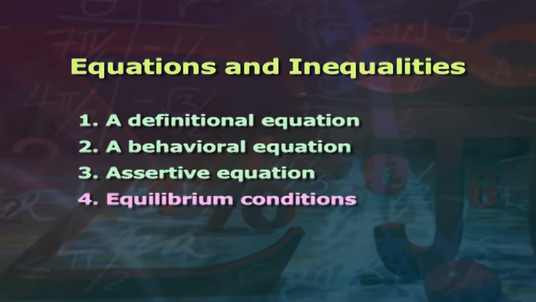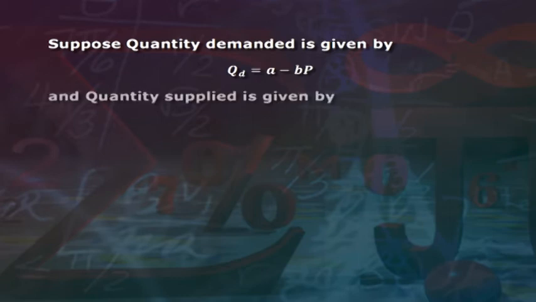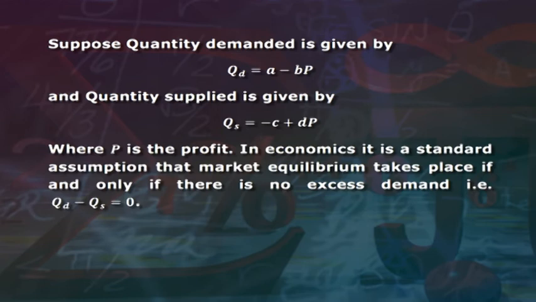4. Equilibrium conditions. Suppose quantity demanded is given by Q d equal to A minus B p, and quantity supplied is given by Q s is equal to minus C plus D into P, where P is the price. In economics, it is a standard assumption that market equilibrium takes place if and only if there is no excess demand, that is Q d minus Q s is equal to 0.